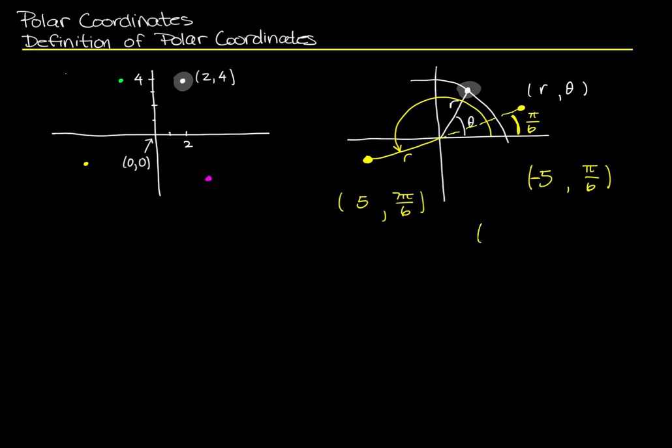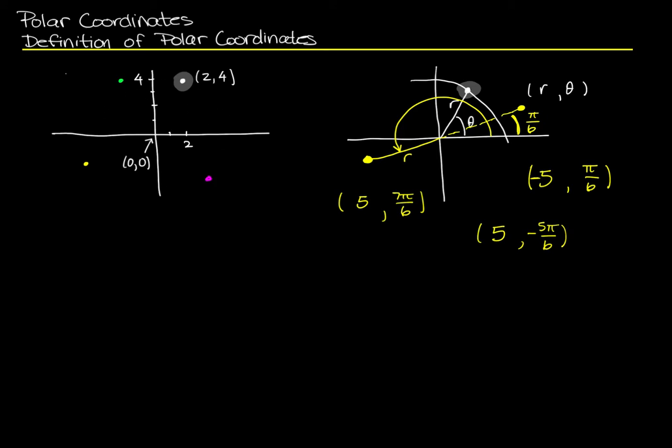There's actually another way to describe it. Let's let the radius stay positive 5, but instead of going from here around in this direction, let's take our angle in the opposite direction. So 5, comma, the angle is negative 5 pi over 6 is another way to describe the location of this point on the plane.